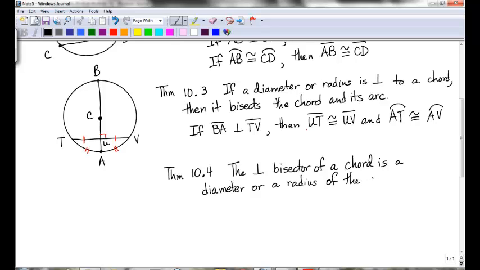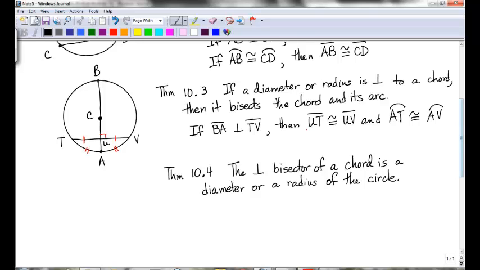And basically you can get that from what we just did up above. So if they tell you, let's say, CA bisects this chord, then you know CA is a radius. Or if they said BA bisects this chord, then you know that is a diameter.